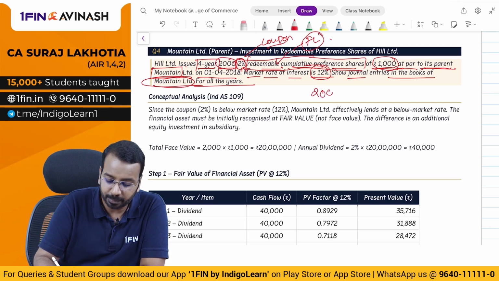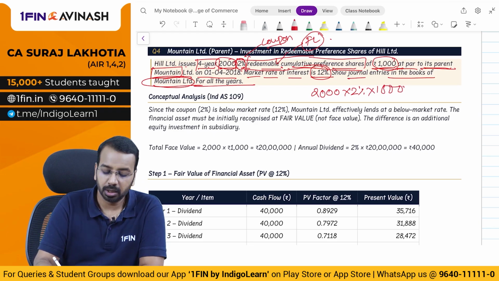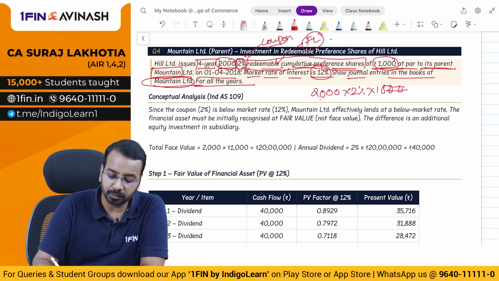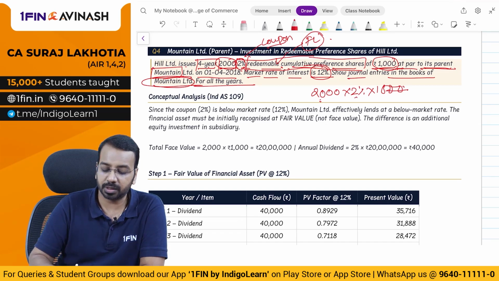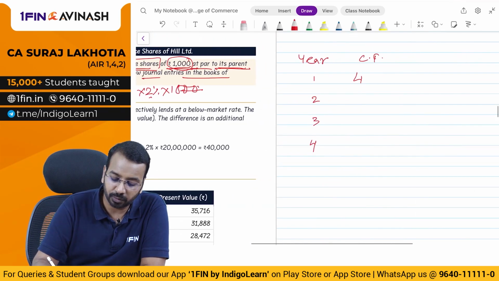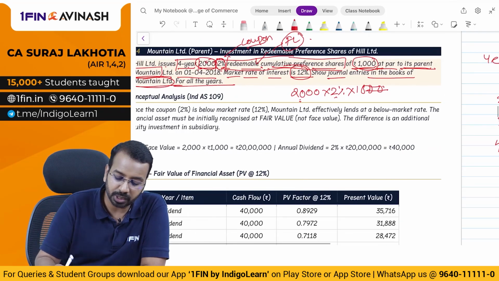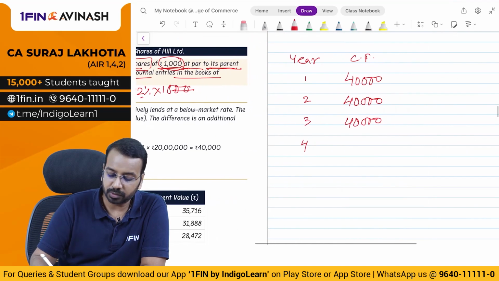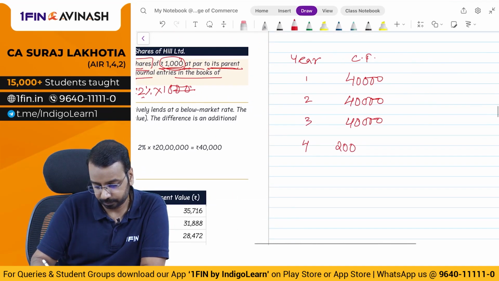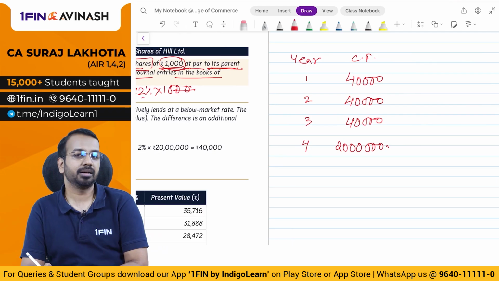So 2,000 into 2% into 1,000, that is 40,000 which will be received. So the cash flow is 40,000 for year 1, 40,000 for year 2, 40,000 for year 3, and what is the total investment? 2,000 into 1,000 is 20 lakhs. 20 lakhs is the repayment.